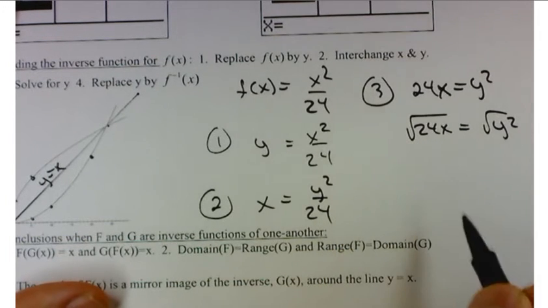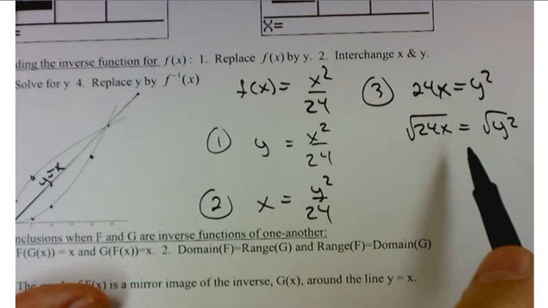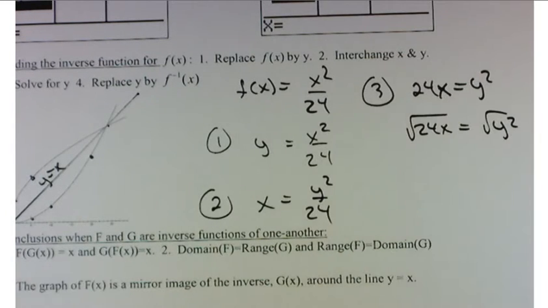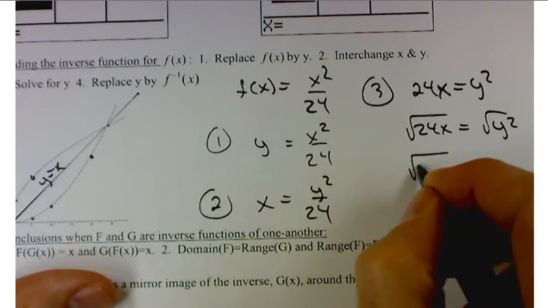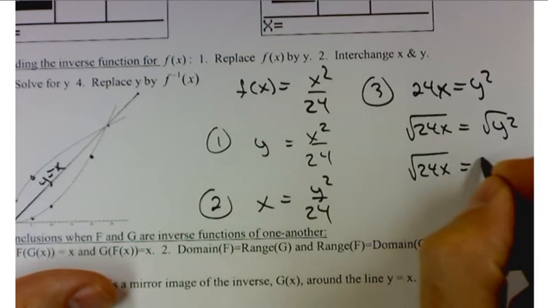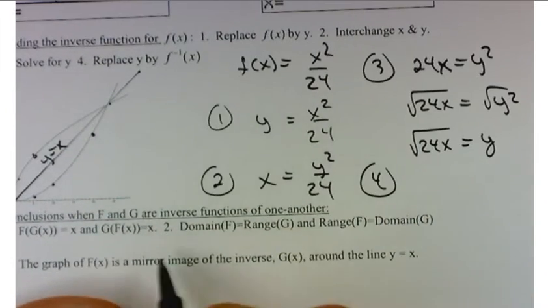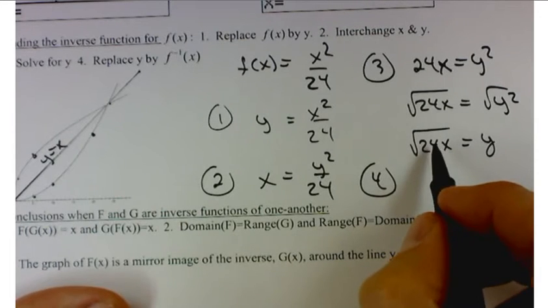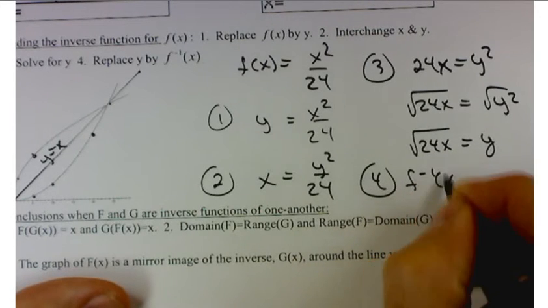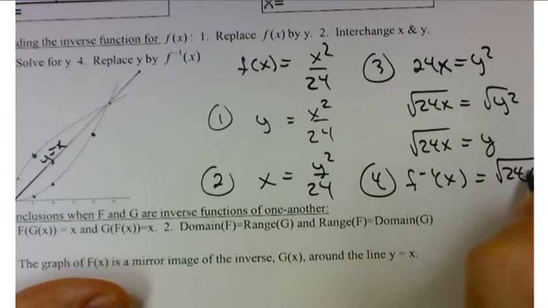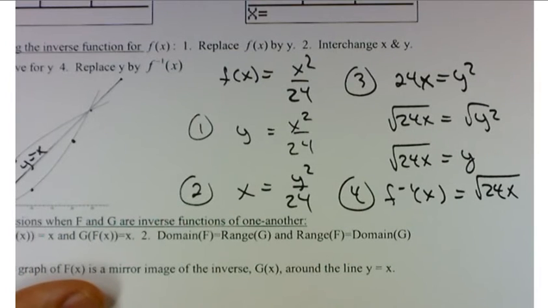Technically, there's a plus or minus here, but I'm not going to deal with a negative in this formula because we're not going to be dealing with negative miles per hour. So we'll just take the square root of 24x. And last but not least, replace y by f inverse of x and get the square root of 24x. So that's your inverse function.